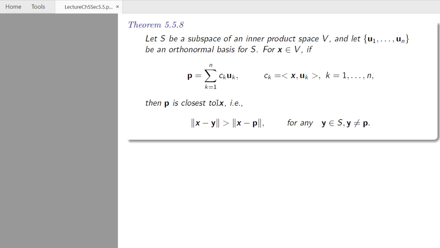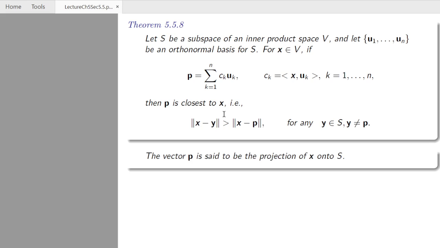P is closest to X means the distance between X and Y is bigger than the distance between X and P. So a smaller distance is the meaning of P being close to X. We had a similar result in section 5.4.